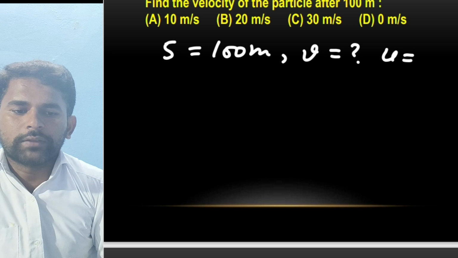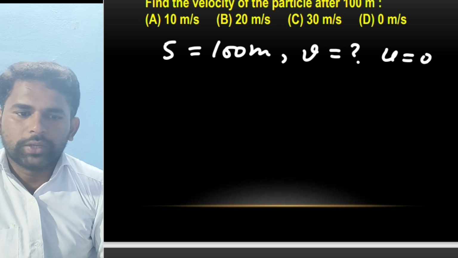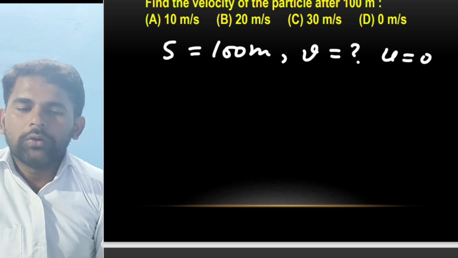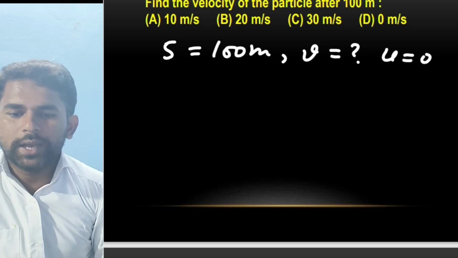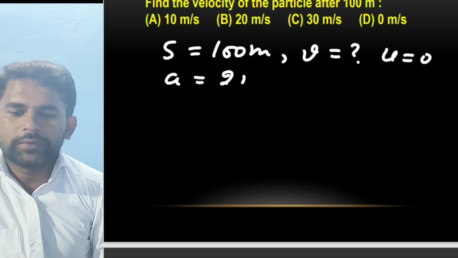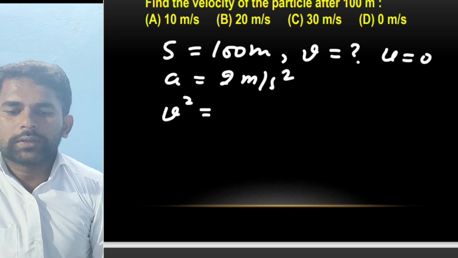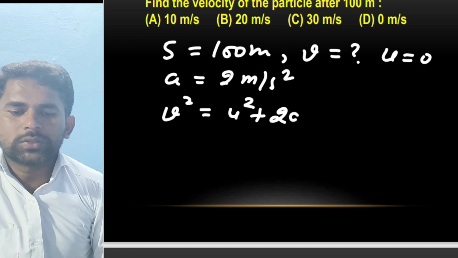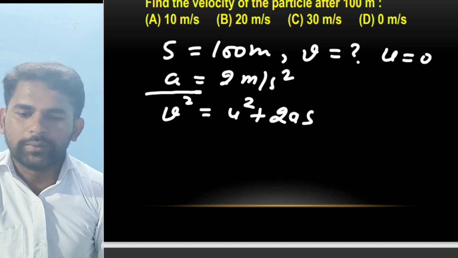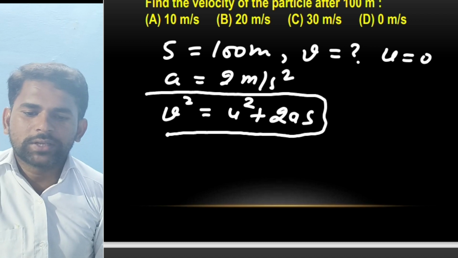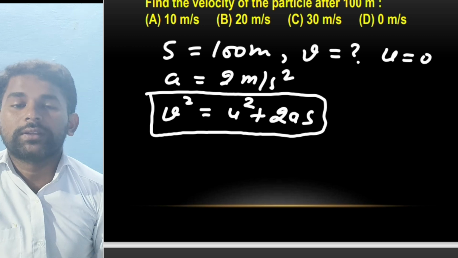So we know very well the initial velocity will be 0. Okay, yes or no? So now we know one relation, that relation having a is equal to the same value 2 meter per second square. So we know one relation v square is equal to u square plus 2as. Very simple. So this is the second equation according to that given condition.